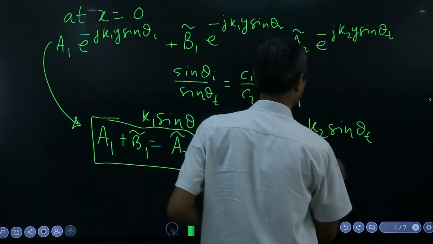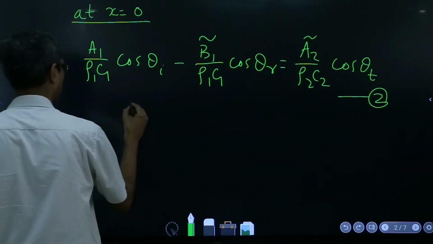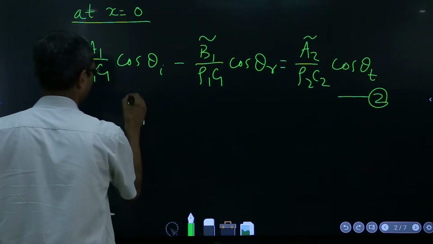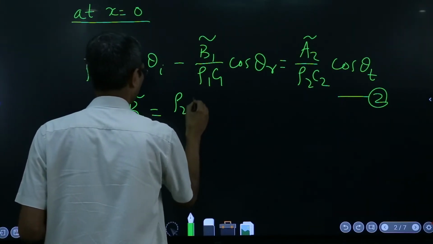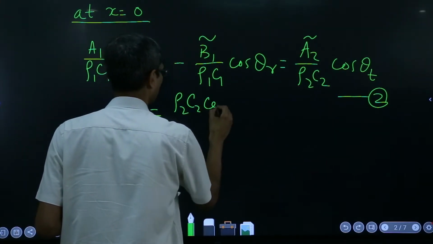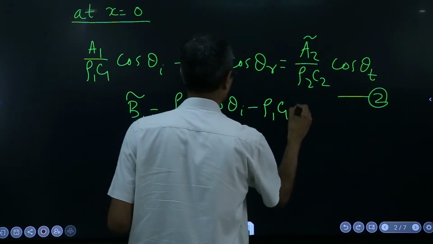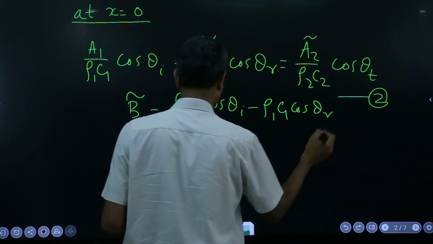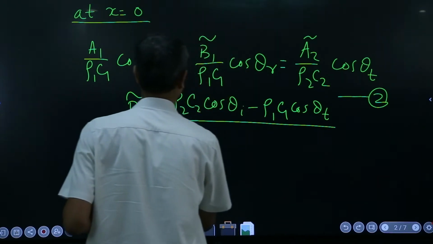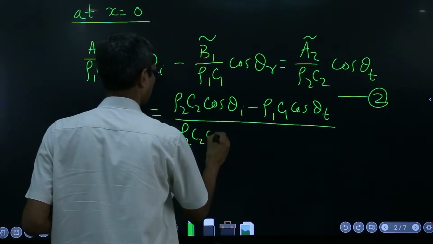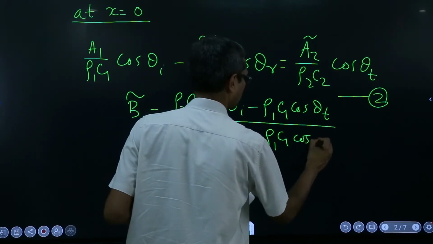And this is the other, and from these two you can simply figure out that B1 will come out to be rho 2 C2 times cosine of theta I minus rho 1 C1 cosine of theta t, divided by rho 2 C2 cosine of theta I plus rho 1 C1 cosine of theta t.